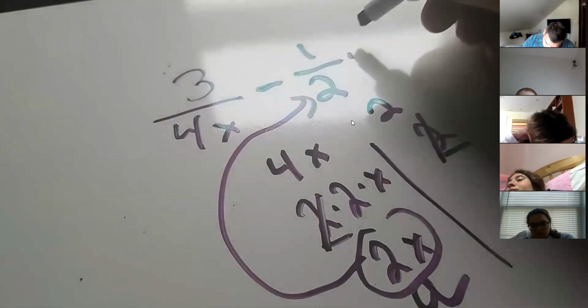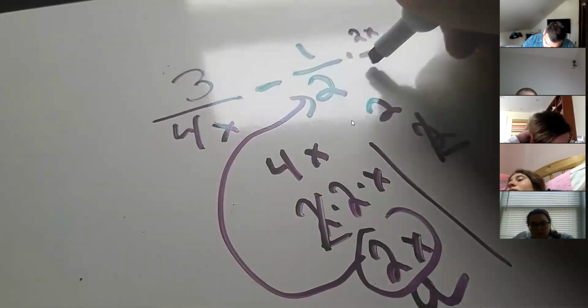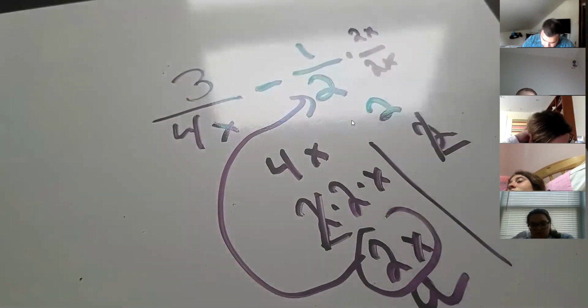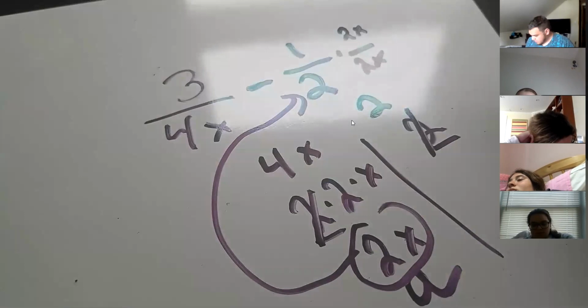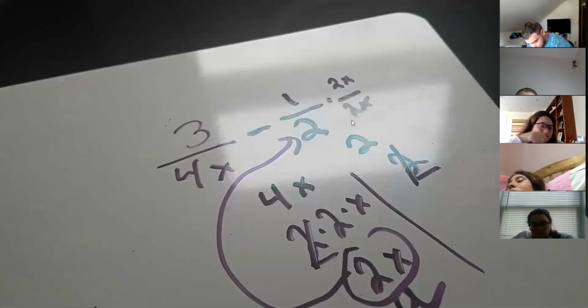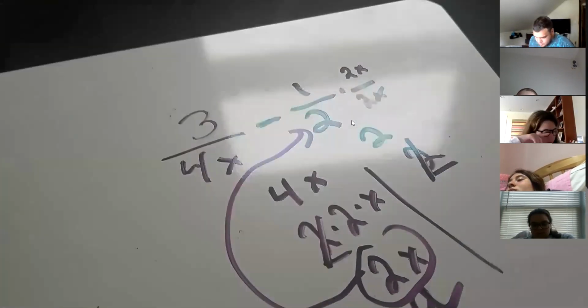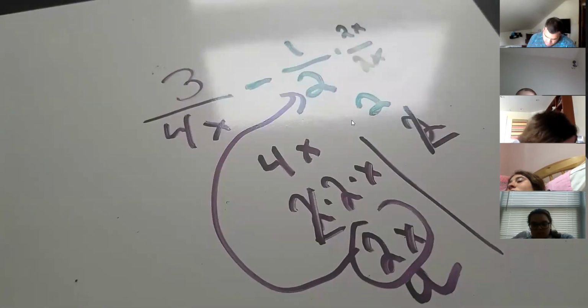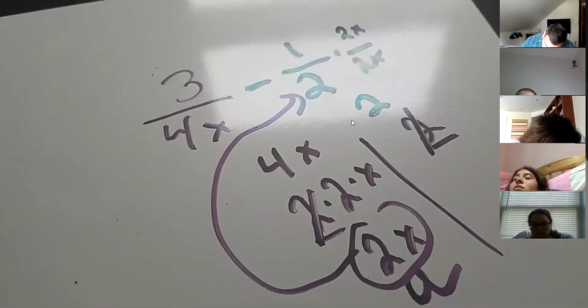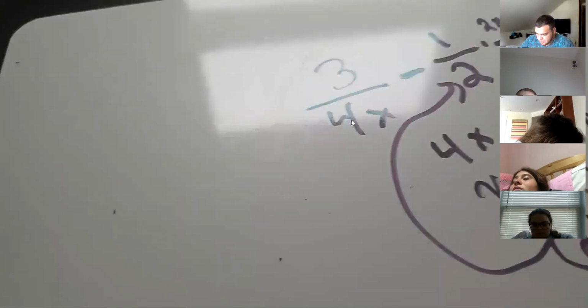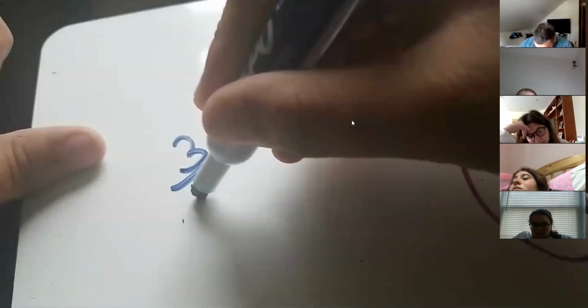So on top and bottom, I'm going to multiply 2x and 2x. Okay, I'll change my color. The left side stays exactly the same, so it's 3 over 4x.